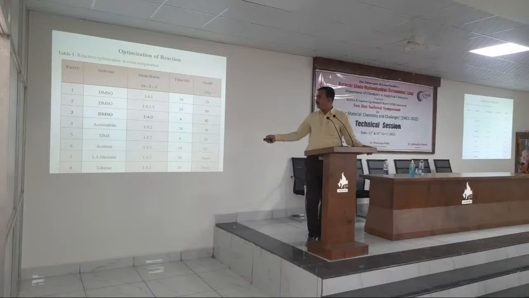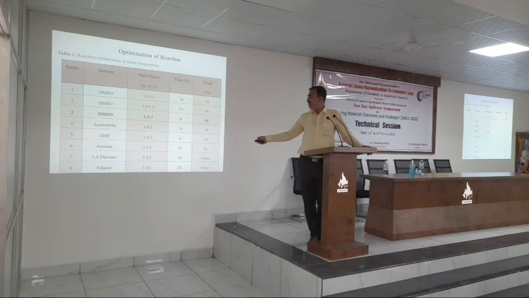At this ratio 1:4:2, the 56-hour reaction time gives 78%. Here, if I increase the ratio of secondary amine from 1 to 1.5, reaction time is reduced and yield is increased. Again, what do these two parameters suggest? Try to increase the mole of secondary amine. So when it is double, reaction time is lowest with the highest yield.